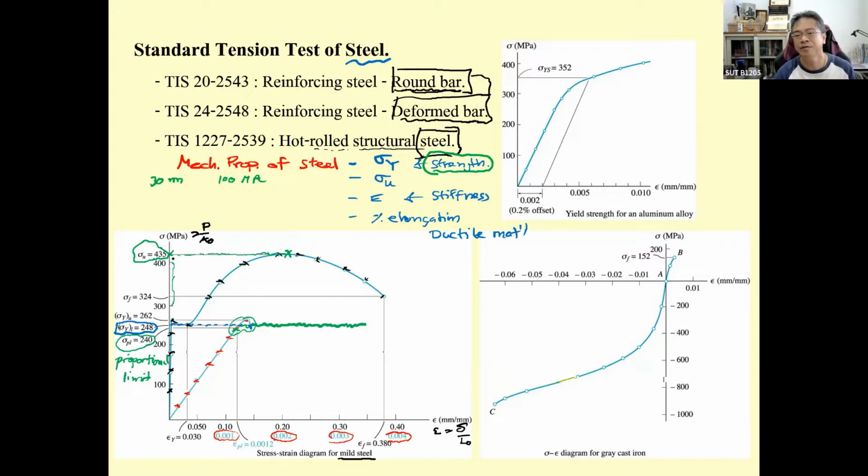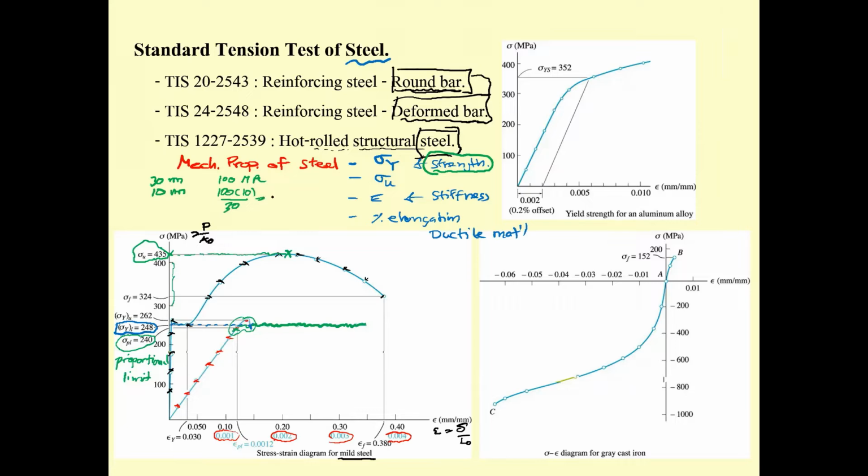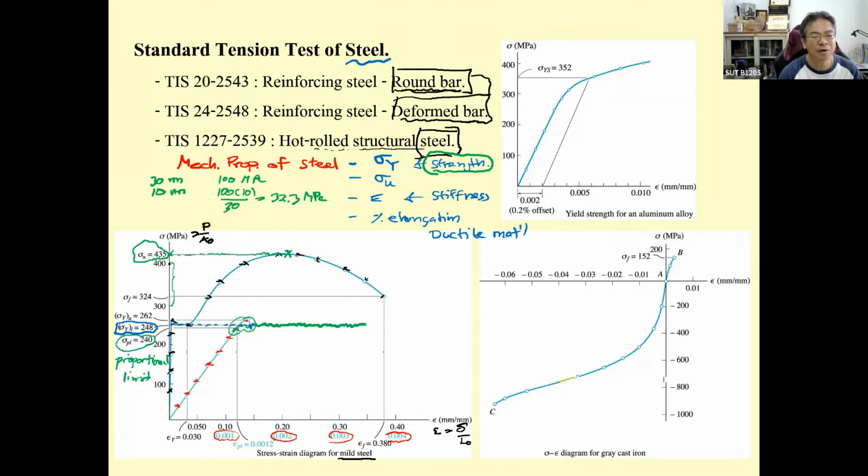There are some differences when we determine the mechanical properties of the material. If you get 10 millimeters, this is going to be 100 times 10 divided by 30, so you get 33.3 megapascal. Most of the time, Ajahn gives some range for you to determine the mechanical property of the material. Okay, this is the second one.